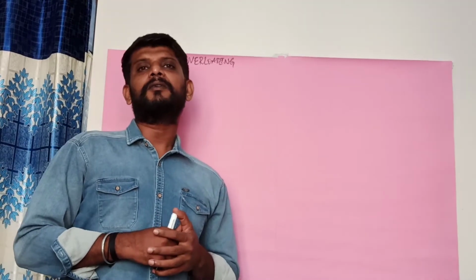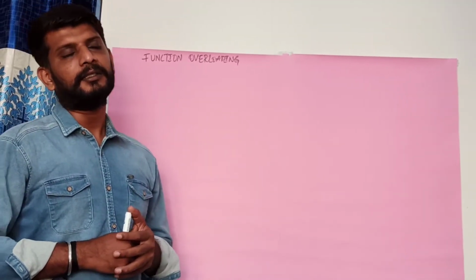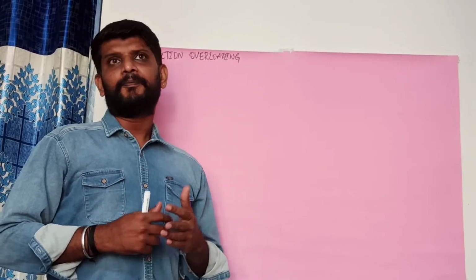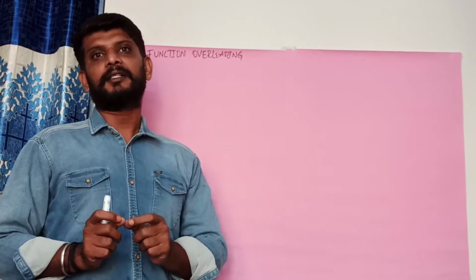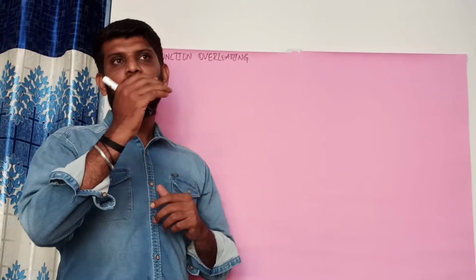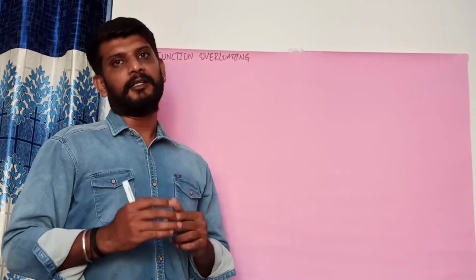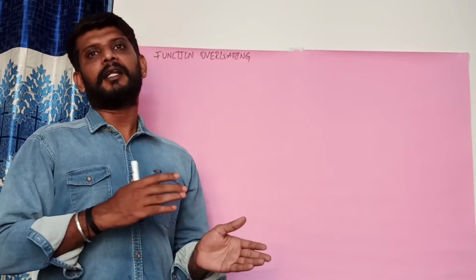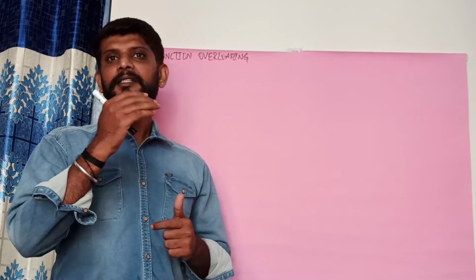Now, why do we need function overloading? Let us see that in this particular session. Whenever two functions perform the same task, let us consider we are writing two different functions. Both the functions are performing addition of numbers. One might be adding two numbers and another might be adding three numbers, but both of them are performing the same thing.